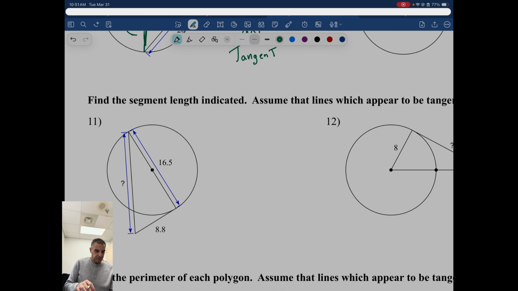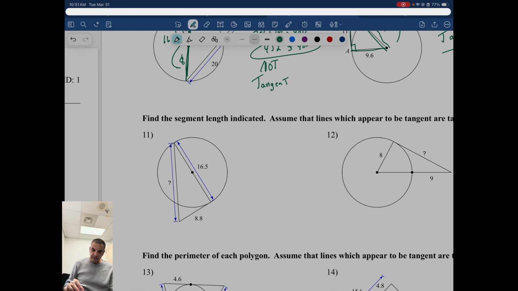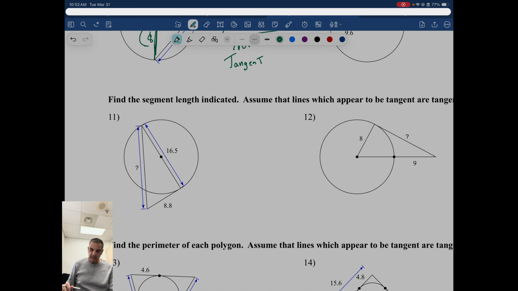Number 11, find the segment length, assume that the lines that appear to be tangent are tangent. Okay, now they're telling us it's a tangent, so we know we have a right angle there. We have to find the missing side. So we use Pythagorean theorem again. That's the hypotenuse. So 16.5 squared plus 8.8 squared. That's going to equal x squared.